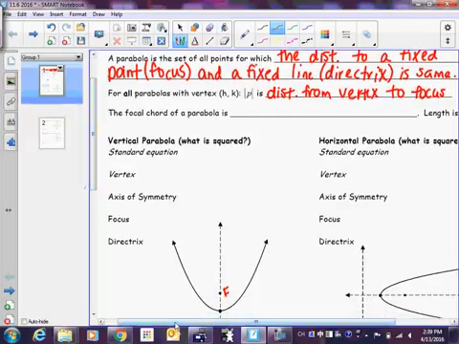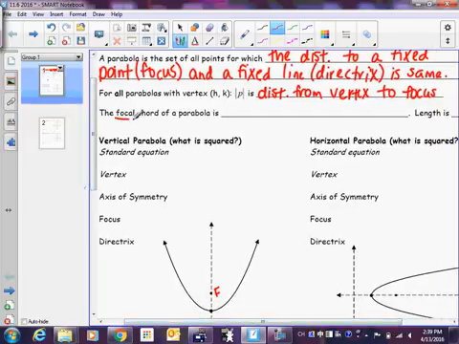Okay, then we have something called a focal chord. Look at the first part of that word, focal. Why do you think we call it a focal chord? Because it contains the focus, and I'm going to draw the focal chord on this example down here. That's the focal chord. It's basically the width through the focus.